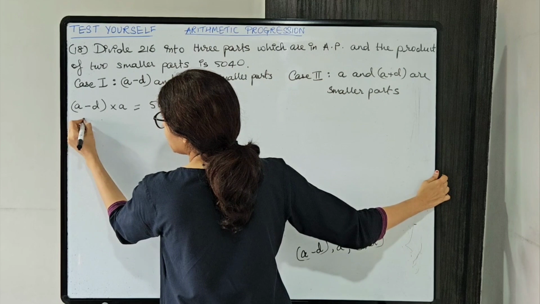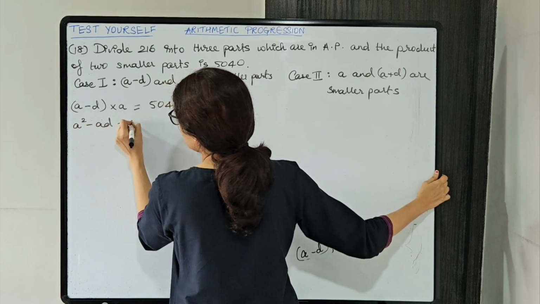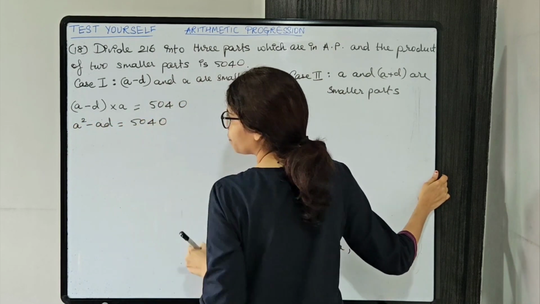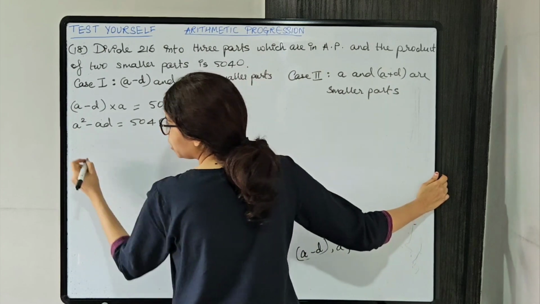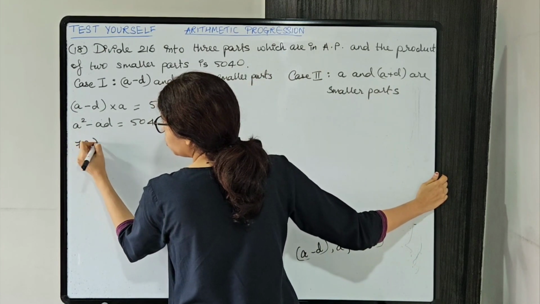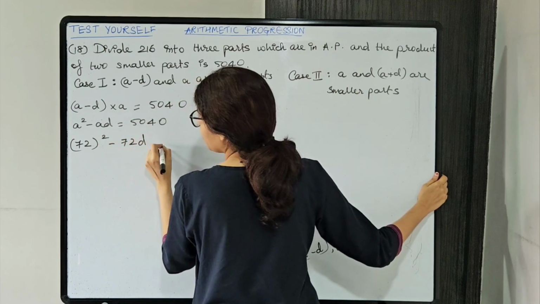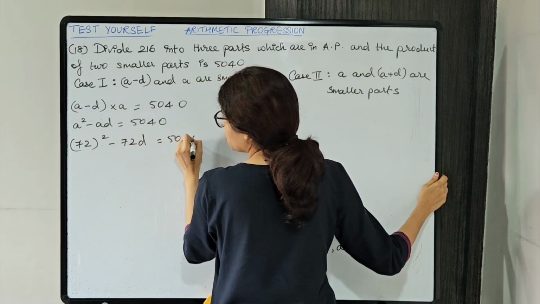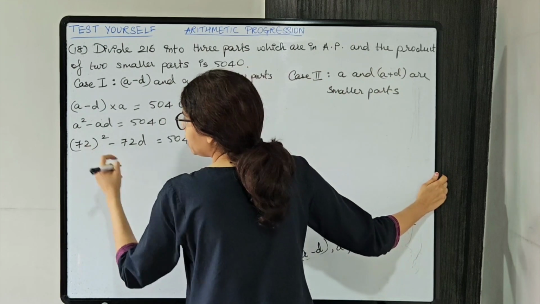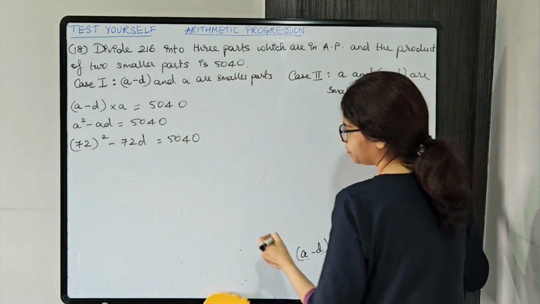So a square minus ad is equal to 5040. a का वैल्यू 72 मिला, so 72 square minus 72 into d is equal to 5040. ओके, 72 का स्क्वायर फाइंड आउट करते हैं.